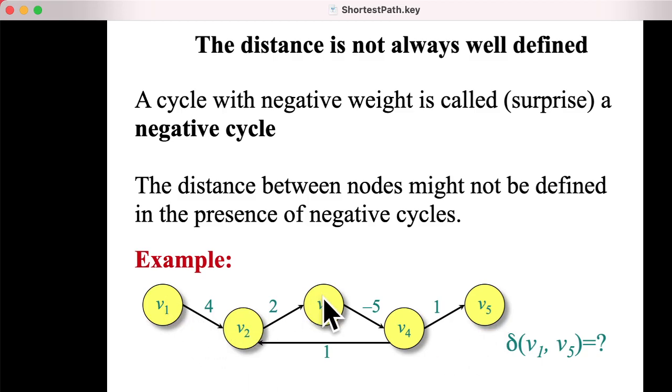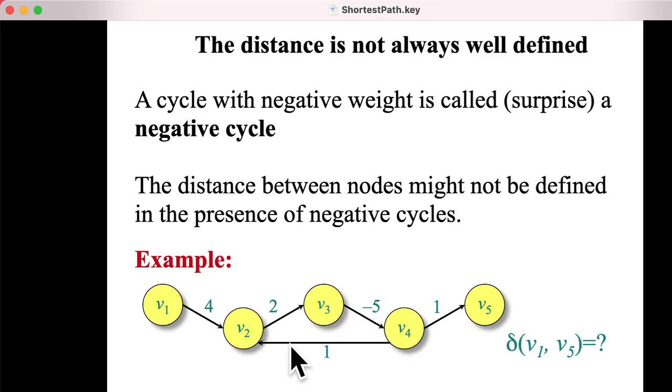V1 to V2 to V3 to V4 to V5 will cost me 4 plus 2 minus 5 plus 1, some number. However, what happens if from V2 I make a cycle over here and only then go to V5? What is the cost of just going through this cycle? It is 2 minus 5 plus 1, making it minus 2. So I earn something by walking around this cycle.